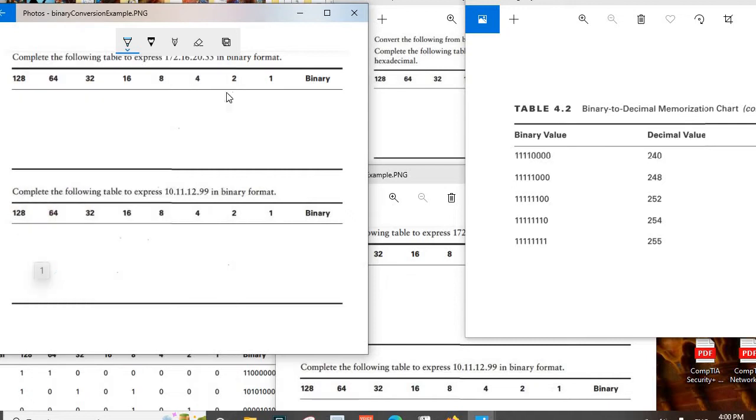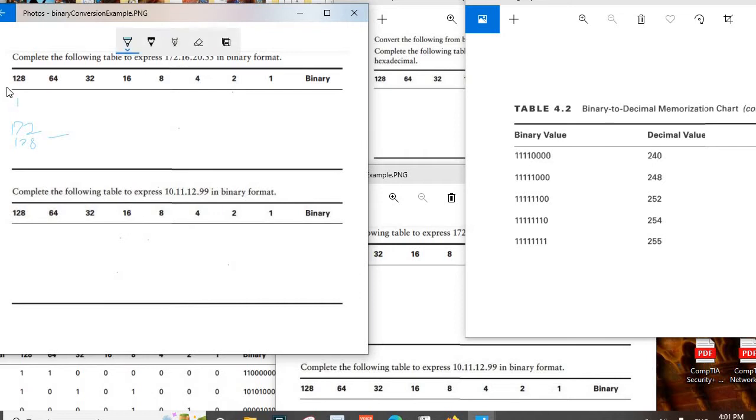Unfortunately, I'm struggling to see this underneath that. So let's just do 172 here. 172 minus 128. What would that be? That would be 44. What I'm doing is subtracting 128 from 172.